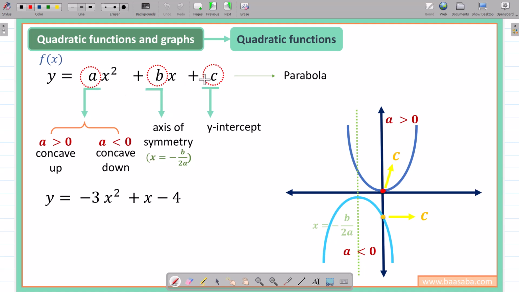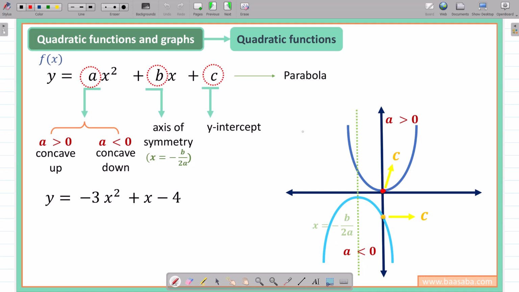The three factors in red circles here are a, b, and c. Each of these factors shows us something about the graph of a quadratic function. First of all, let's talk about a. When a is greater than 0, our parabola is concave up.